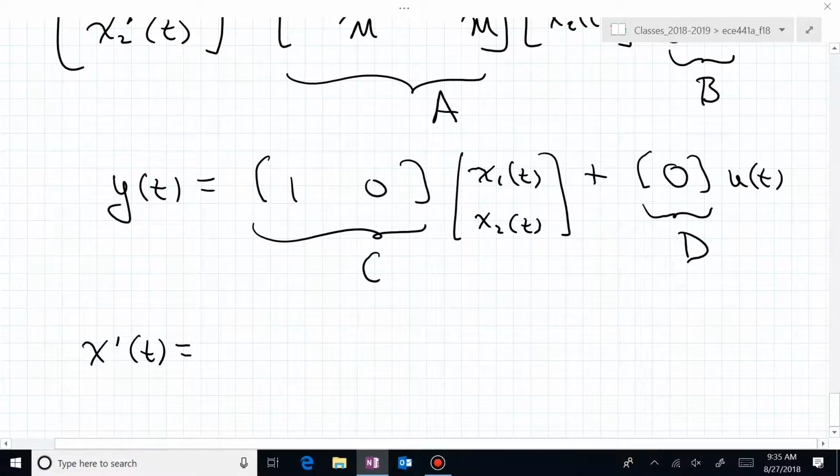Here's where it might get a little more dicey. This x is now a vector x compared to what we'd called x before. Is that clear? So I'm overusing x.